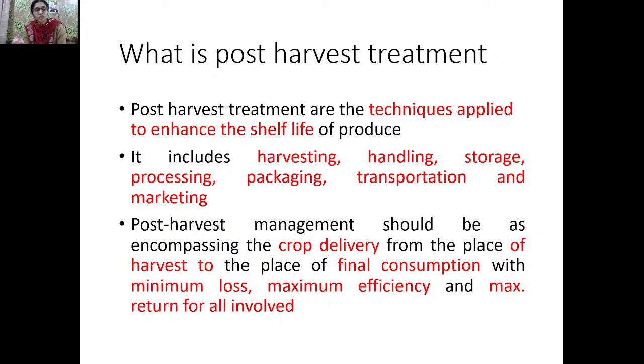So post-harvest is a management which includes plucking the fruit, putting it into the basket, packing it, protecting it from the external environment, bringing it to the retail shop and putting it into the hands of the customer. All the steps are included in post-harvest management.